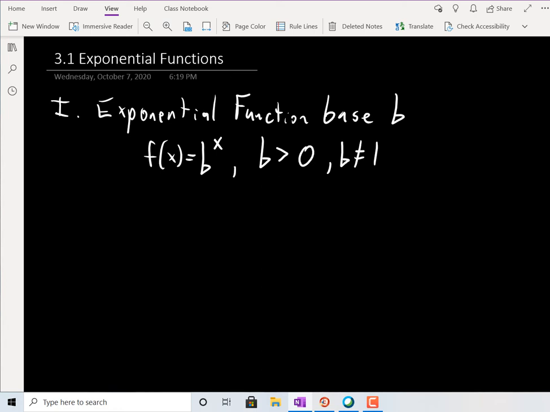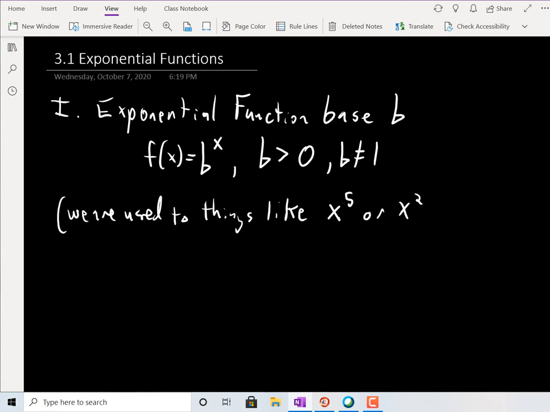So the first kind of problem is just, can you put it into your calculator? One thing I should note: we are used to things like x to the 5th, or maybe even x squared, the polynomial stuff. This is kind of the reverse case. With x to the 5th and x squared, the base is variable but the exponent is a constant.